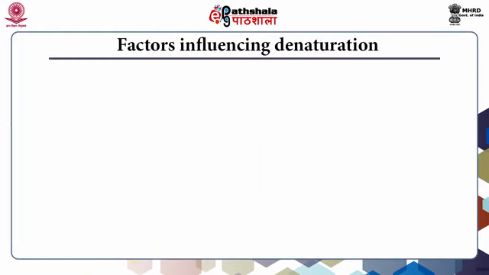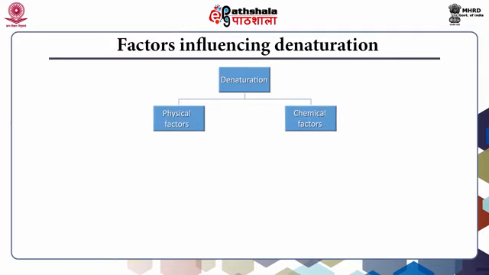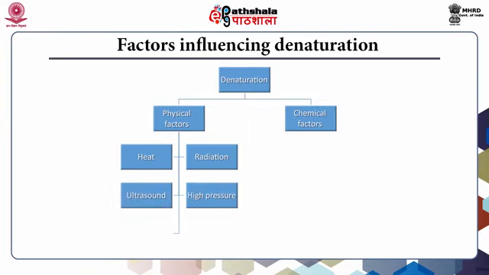In this slide, we will see what are the various factors that influence the denaturation process in an enzyme. We will see that there are two types of factors, physical factors and chemical factors. The physical factors include heat, radiation, ultrasound, high pressure and mechanical agitation.